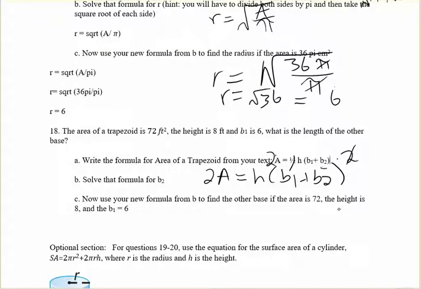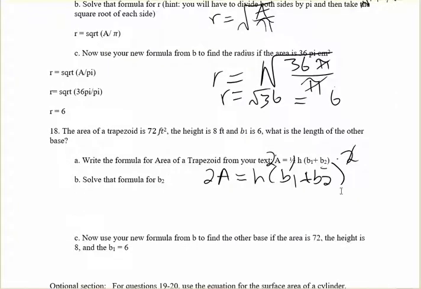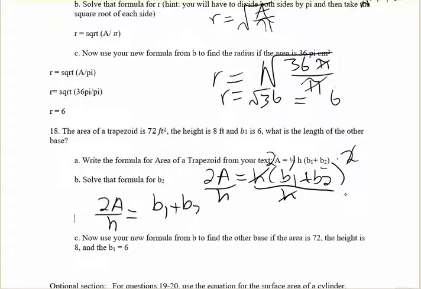I'm getting closer to getting b2 by itself, but not quite there yet. Next thing that you want to do is get rid of this h times this quantity that's b1 plus b2. So to get rid of h times something, you would divide by h. So now I have 2a over h is equal to, these would cancel, just the b1, don't need the parentheses anymore, plus b2, the two bases added together.